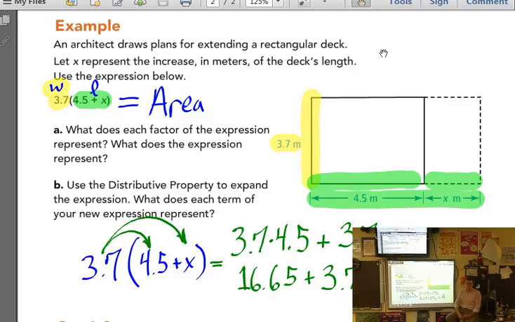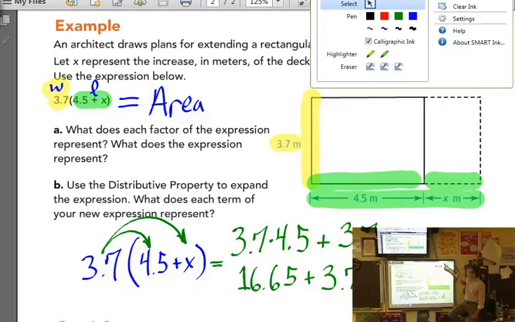So people would use this to say, well, if this is my new area and I have a certain cost of tile or a certain cost of whatever, they might figure out how much they want to pay and determine the area based off a certain cost. Any questions at this point? We have to make sure we draw the arrows first so that we know that we have to distribute the multiplication and do it to each term inside.